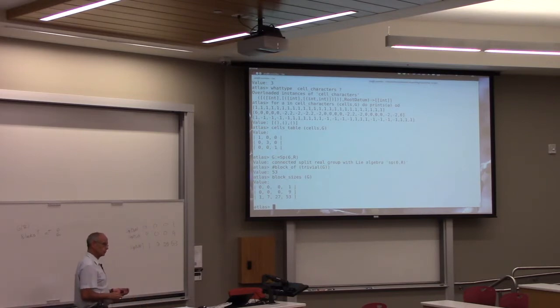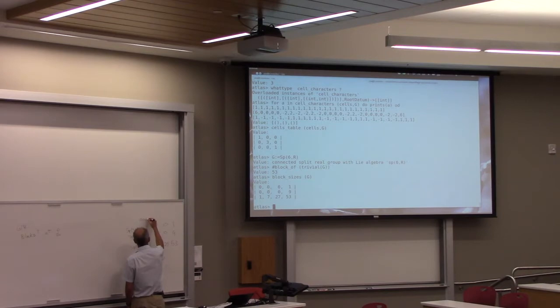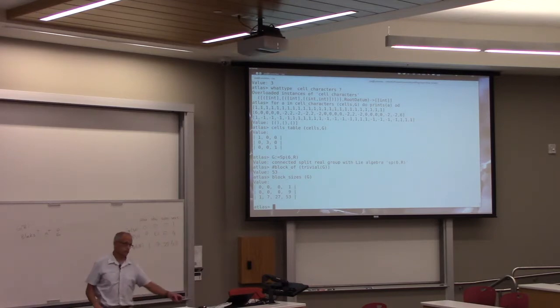And the dual group is type B3, which is various flavors of SO(7): SO(7,0), SO(6,1), SO(5,2), and SO(4,3). The columns are parameterized by real forms of the dual group.